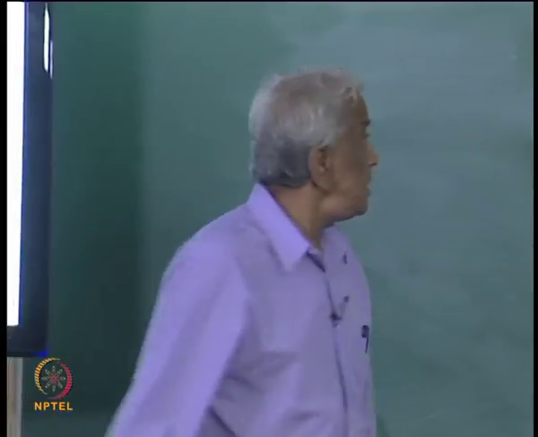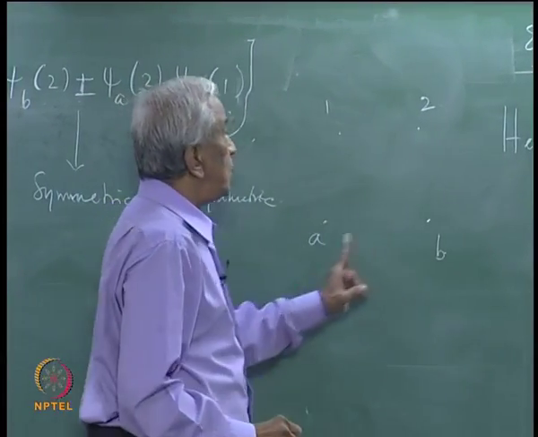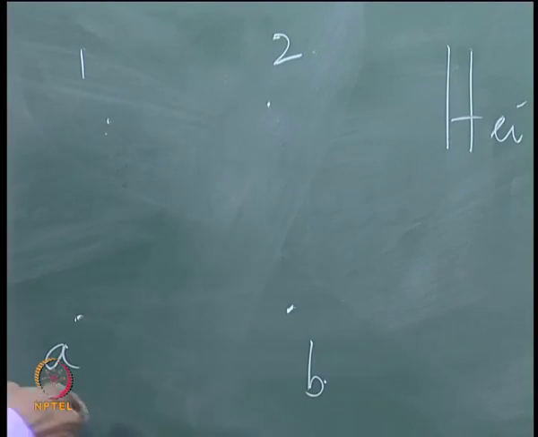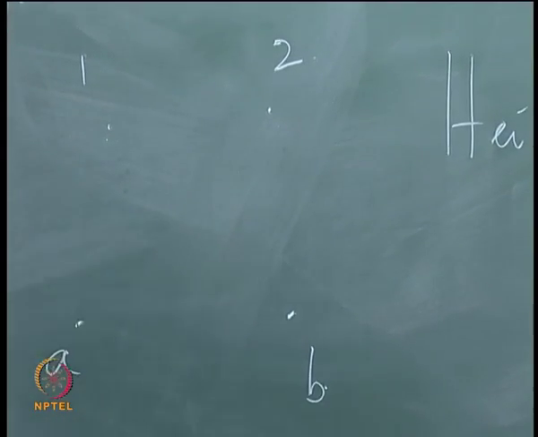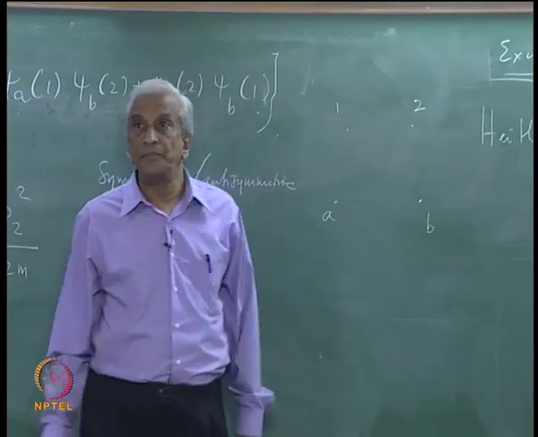So, what is the energy? Now, these are electrons and these are positive nuclear charges. So, there are electron repulsion terms. This is one possibility, and there are various interactions possible. So, the nuclei repel as well as the electrons repel.